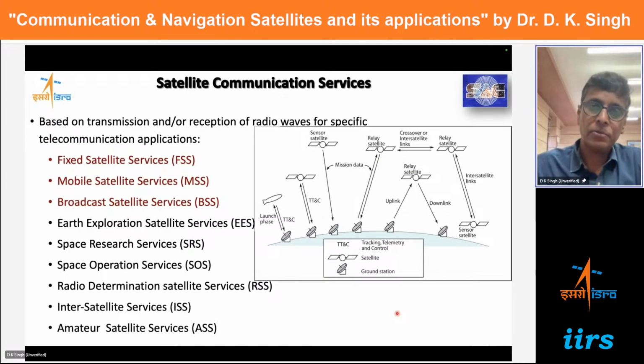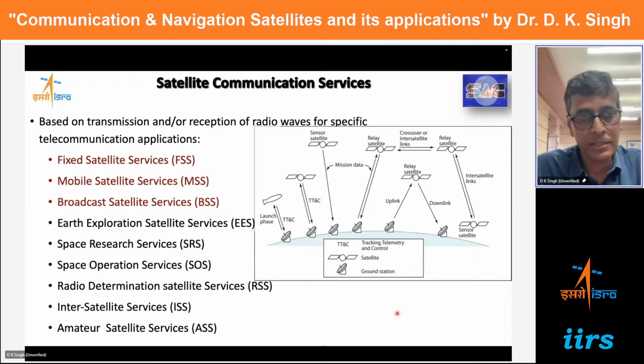Now, when we talk about services and applications, depending on how we transmit and receive the radio wave and how our ground stations are designed, there are different classes of services which can be provided by the satellite.